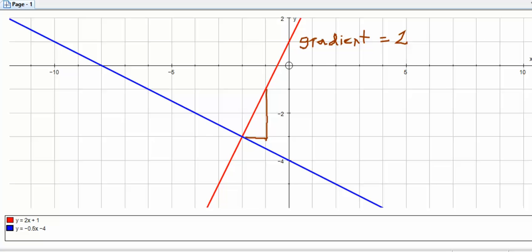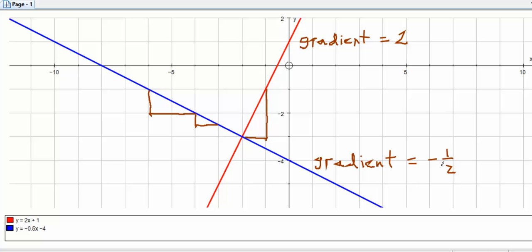For the blue line, we can see as x increases by 2, y decreases by 1. So in this case the gradient is minus a half, minus because of the decrease. Or we can say as x increases by 1, y decreases by a half. So the gradient, as I said, is minus a half.